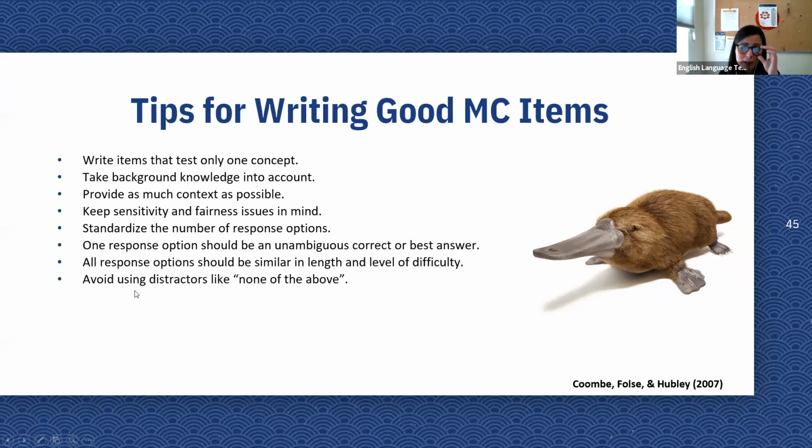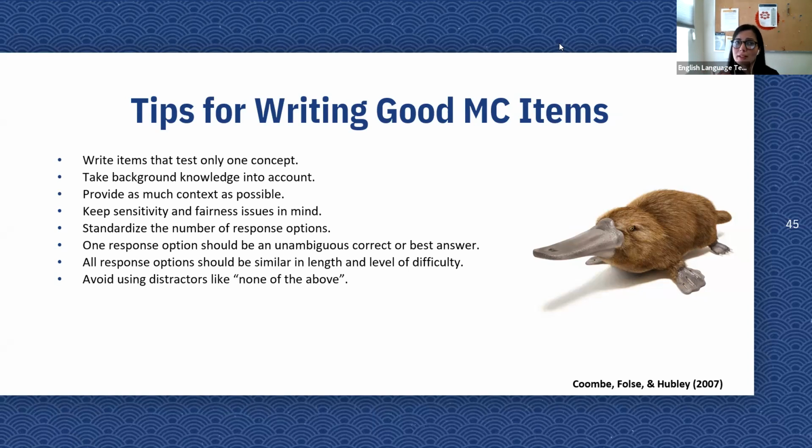And they do suggest avoiding options like none of the above or all of the above, because research has shown, by analyzing lots of different tests, that when teachers use all of the above or none of the above, that is usually the answer. And test-savvy students will pick up on that and choose that answer.